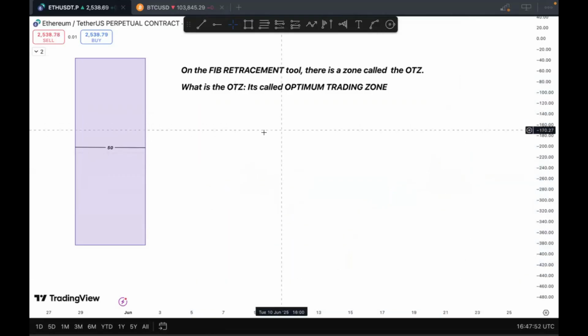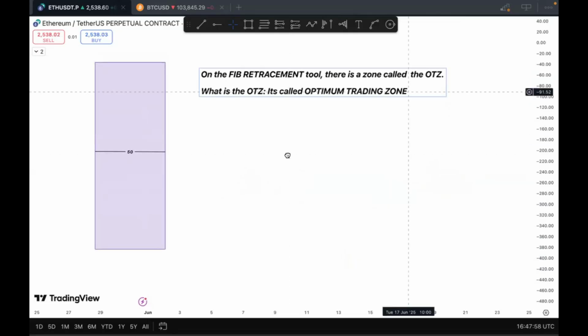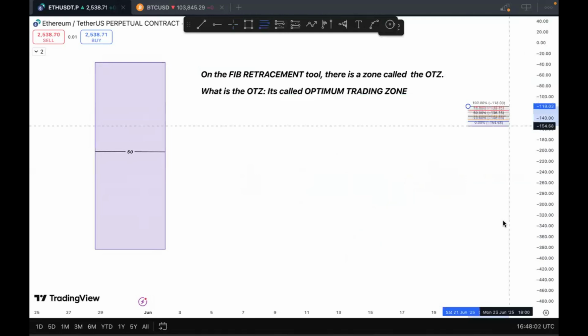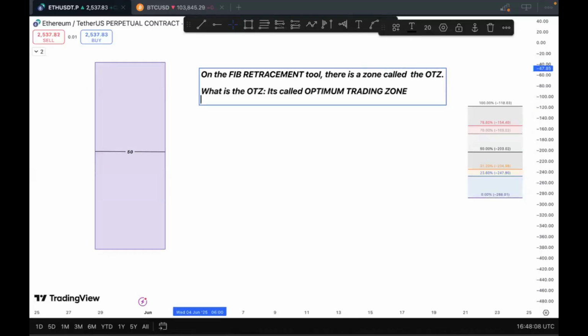So the optimum trading zones on the Fibonacci retracement tool, for a sell, it's between 70 to 78.6%.